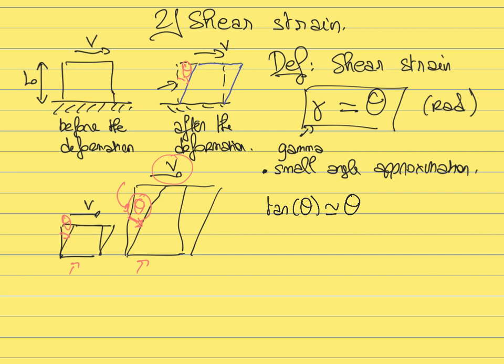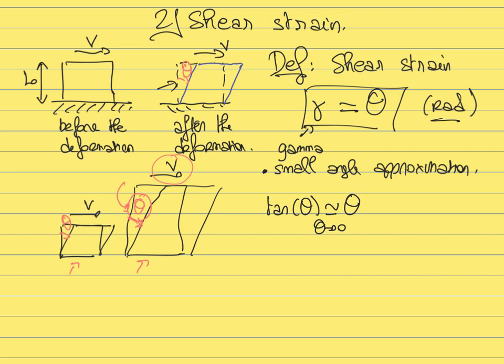So same thing here. If theta is very small, if theta is close to 0, then the tangent of theta is very close to theta itself. So that's the approximation that we will be using. This approximation works very well when theta is close to 0. This is assuming again that theta is expressed in radians. But if theta becomes very large, then this approximation would not hold anymore.